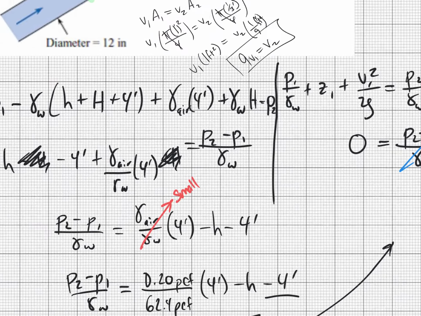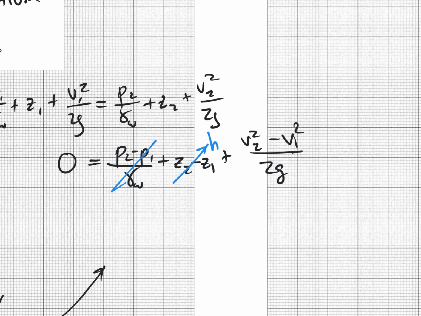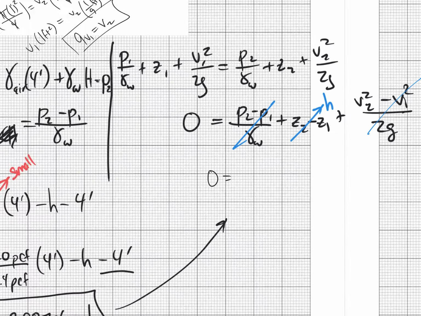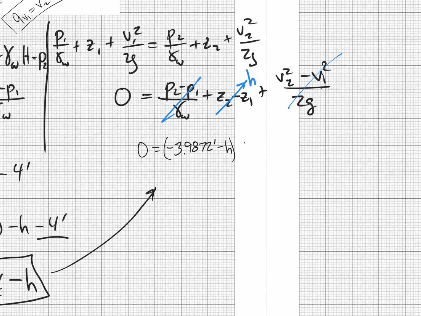So now we can go over here, and I'm ready to go with this one as well. I'm going to mark a line through that one. All right, so let's solve this. 0 equals negative 3.9872 feet minus h plus h. We're just tracking down.